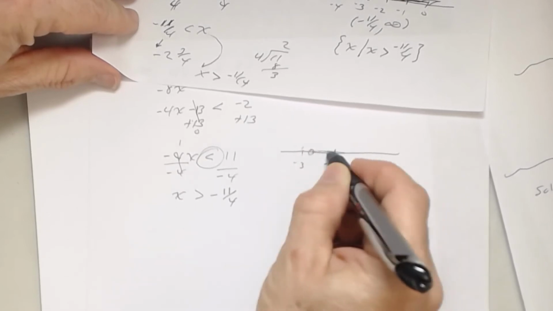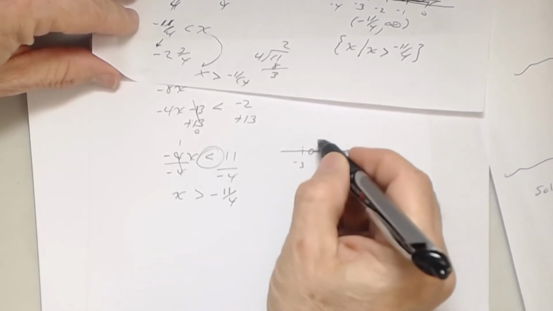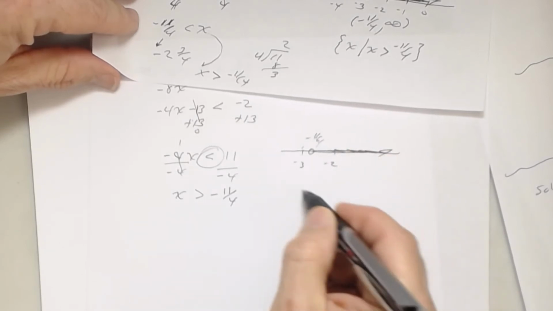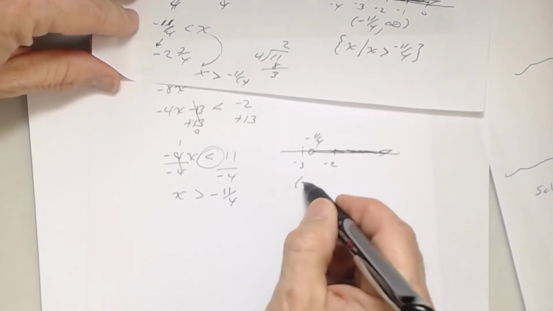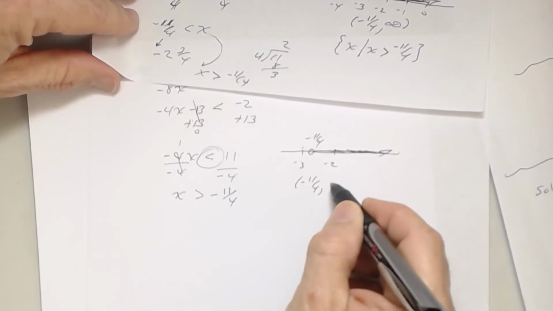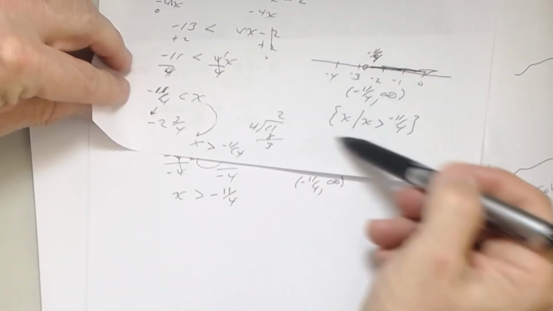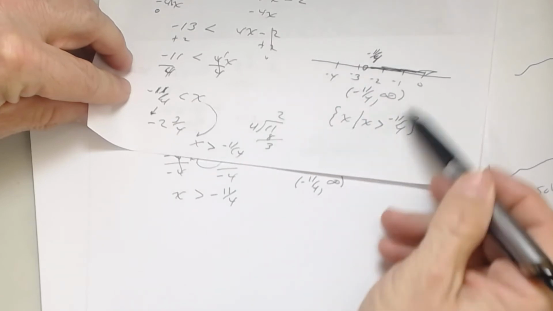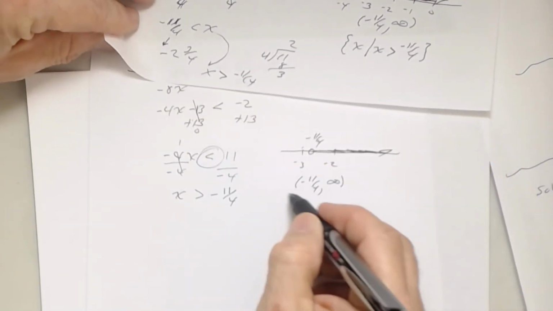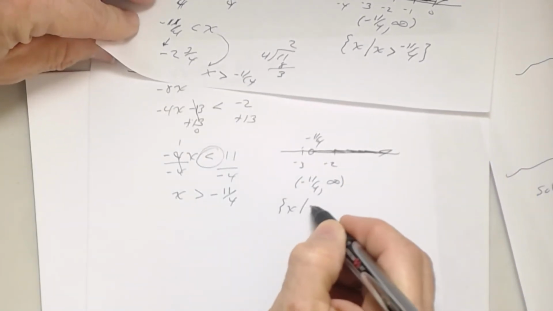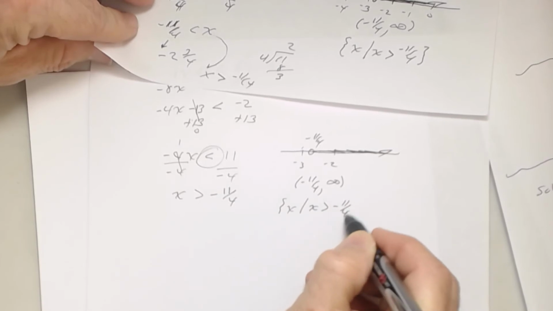So it'll be everything to the right. Your interval notation will be parentheses negative 11 fourths, comma, all the way to infinity. Set notation. So I'm just rewriting this part right here because that hasn't changed. And so set notation, set of x's such that x is greater than negative 11 fourths.